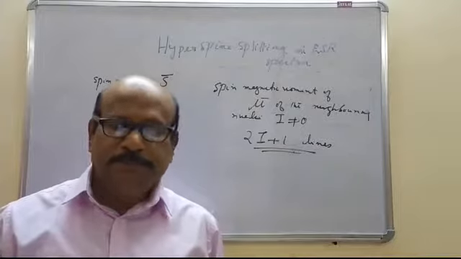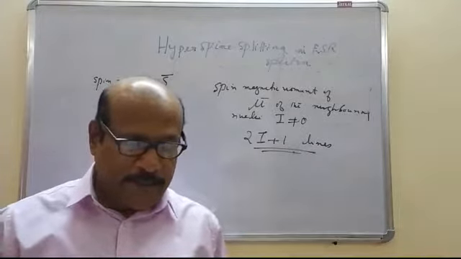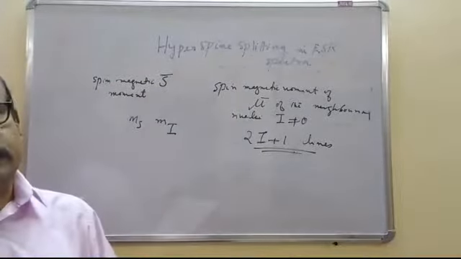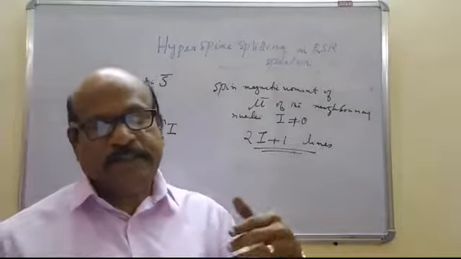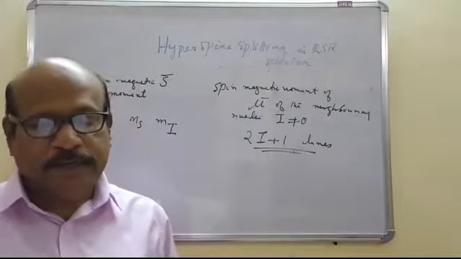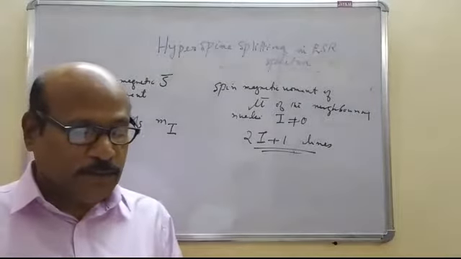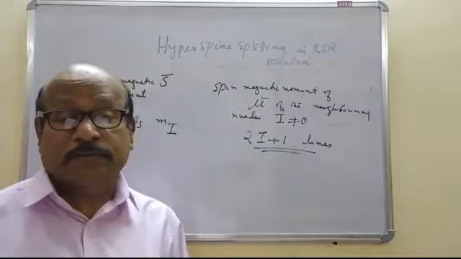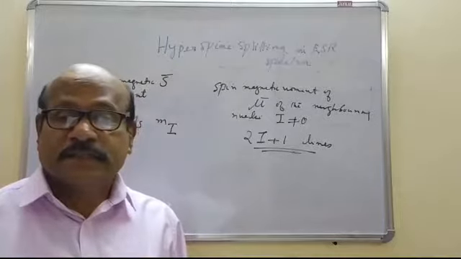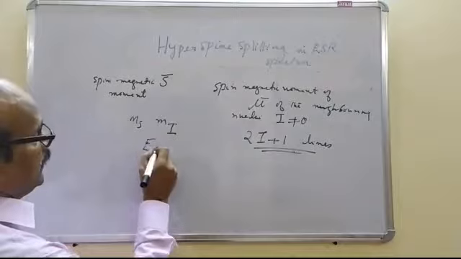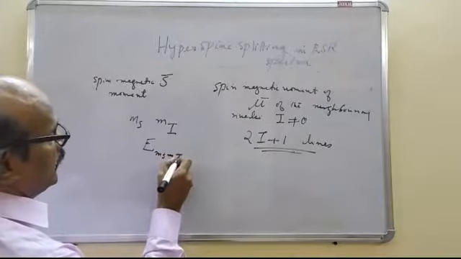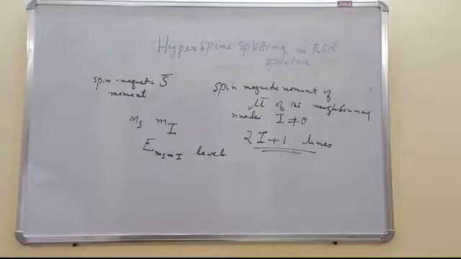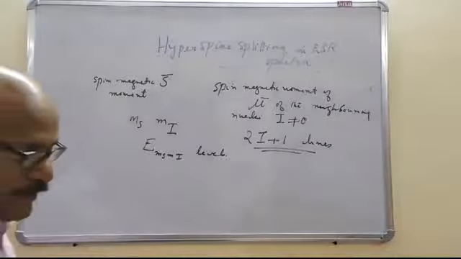The interaction between M_S of the unpaired electron and M_I of the nuclei results in the splitting of each M_S spin energy level into different E(M_S, M_I) levels. So how many spin energy levels are possible due to hyperfine splitting?